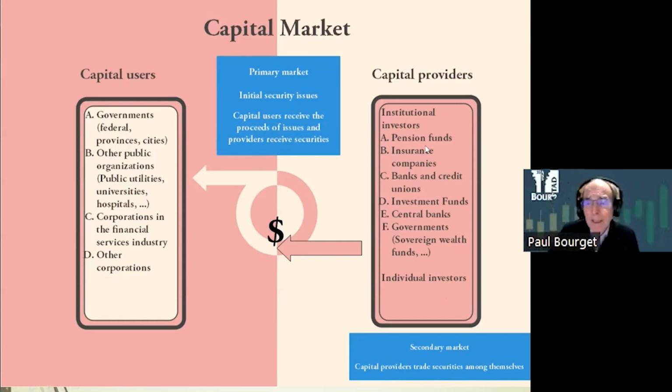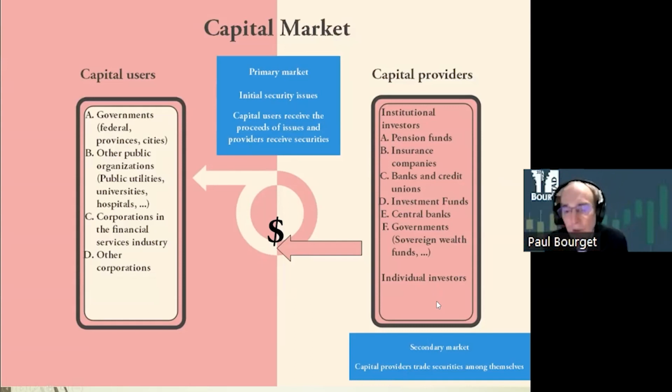And finally, you also find individual investors that can buy into the initial issues of securities. They are the first buyers of these securities. So anytime a security first appears on the market, it is sold on the primary market.